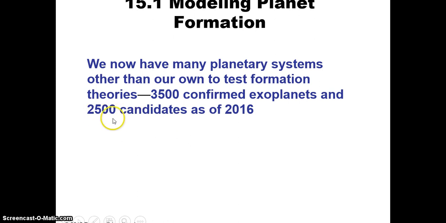And then right now there's over 2,500 candidates, and this was several years ago. Nowadays, of course, there's many more. This number continuously grows as we detect more and more planets.